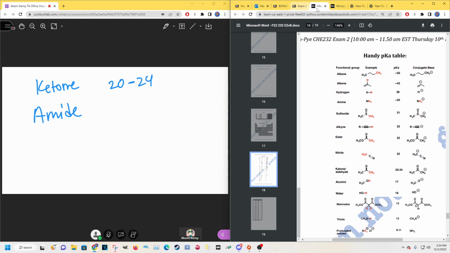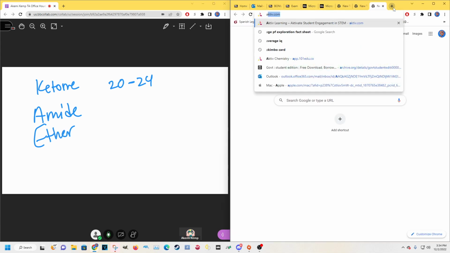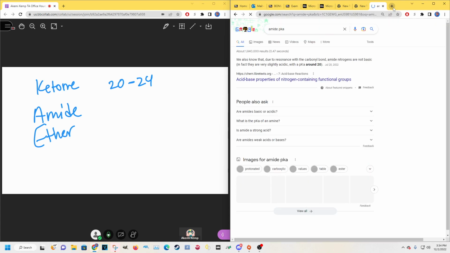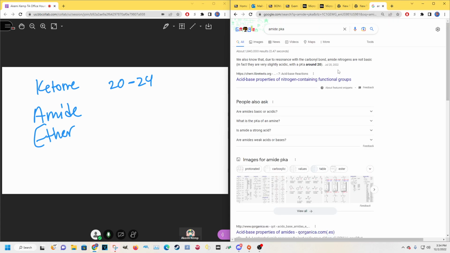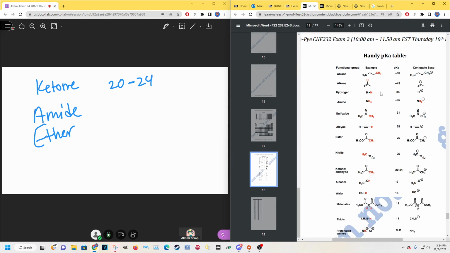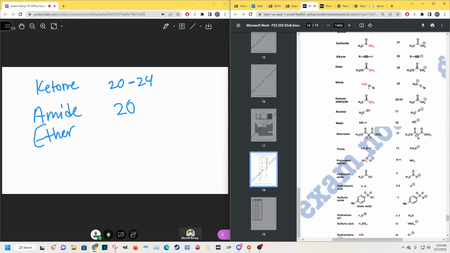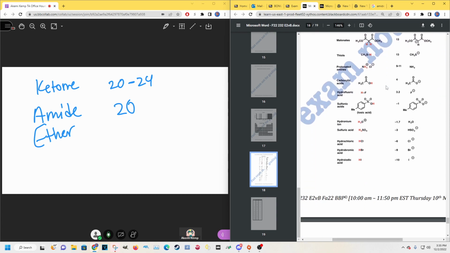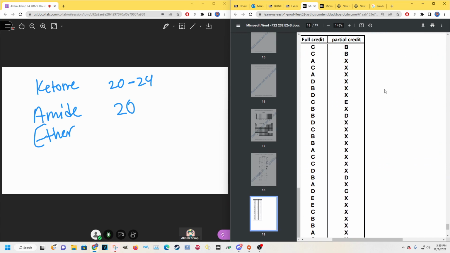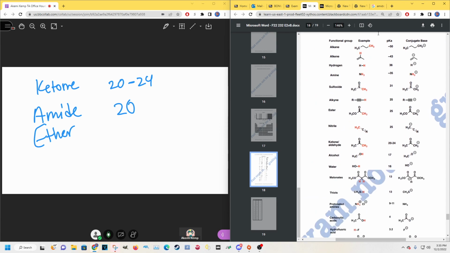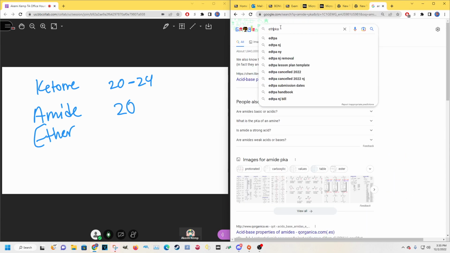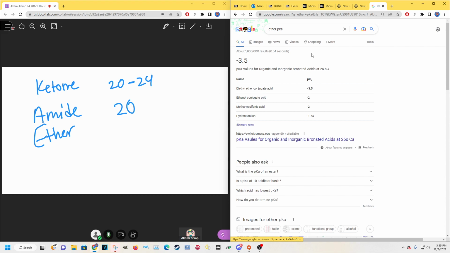Some of these functional groups are not given to us. The amide pKa, I googled it. It's around 20. Okay, so let's say 20. For ether, ether is not listed here either. That's weird.